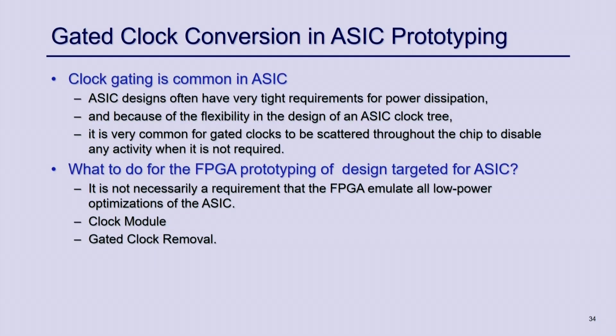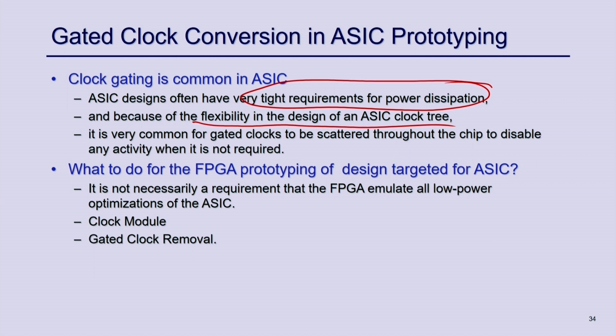But on the other hand, in ASIC, there may be very tight requirements of power dissipation, right, and they have to use some kind of clock gating technique just to reduce power. They also have the flexibility of the ASIC clock tree. Using that, you can meet your timing, or remove the problems caused by clock gating.